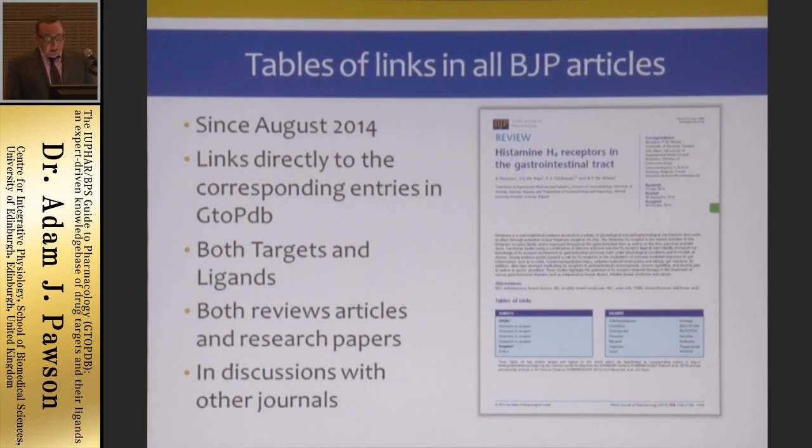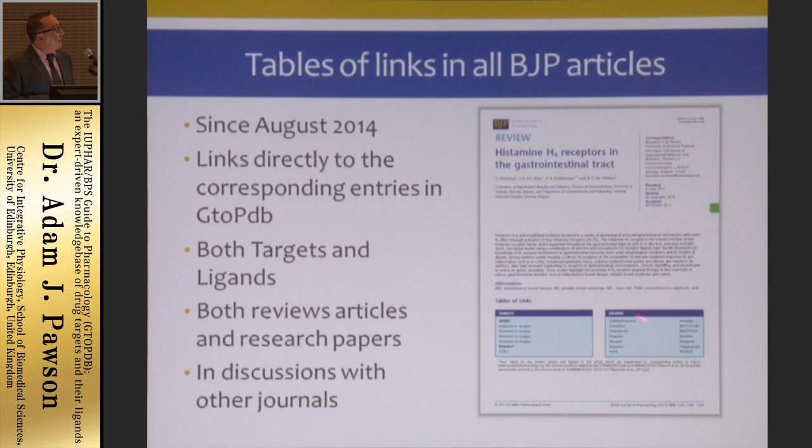Something else I want to make you aware of, many of you may be aware of it already: we've been collaborating with the British Journal of Pharmacology since August 2014 to include a table of links in all published BJP articles, including both review articles and research papers.